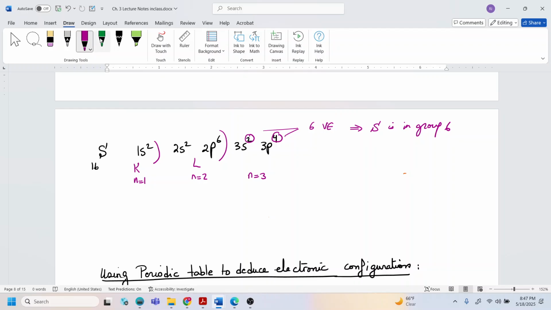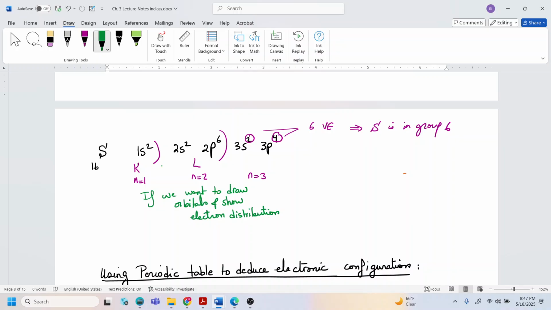Let's say, for example, we want to draw the orbitals and show the electron distribution. Normally we do this for the outermost shell, which is the shell that is not completely filled.